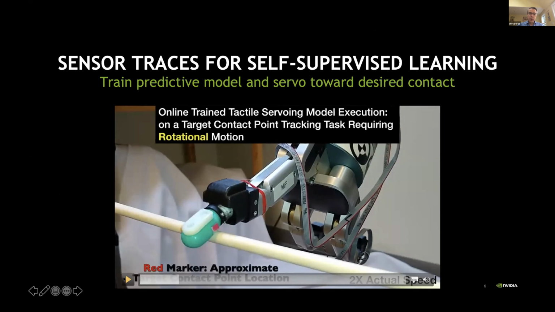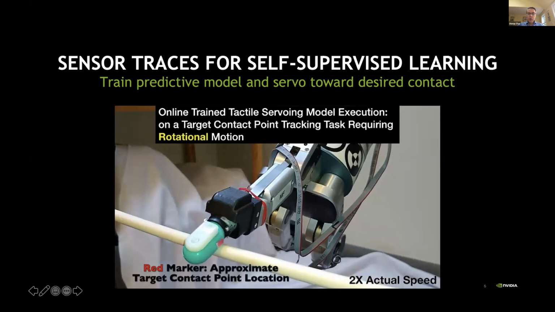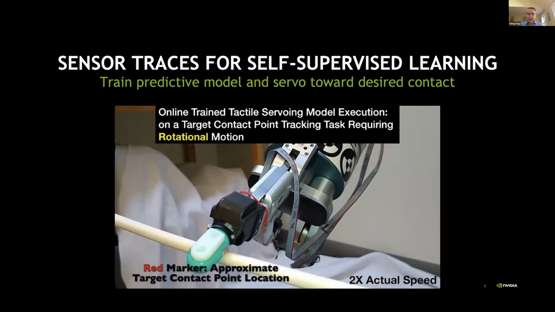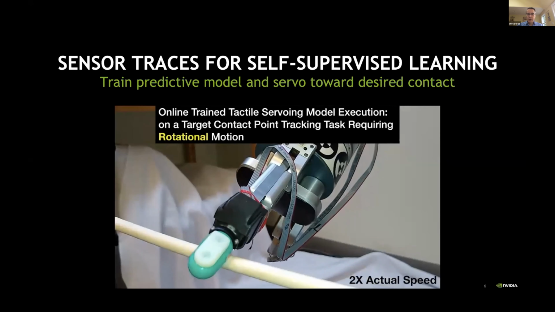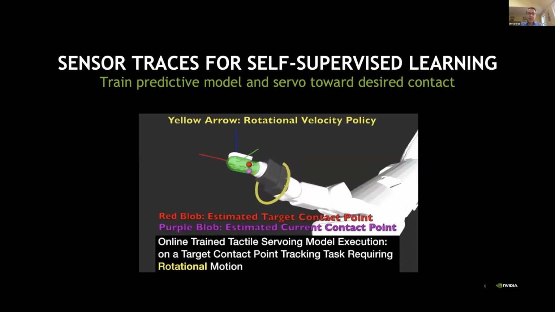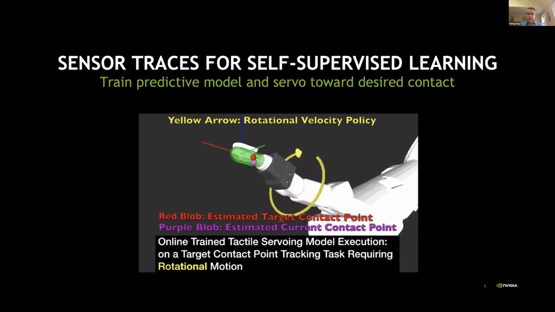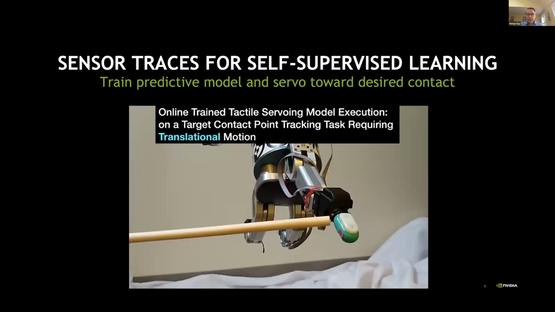And based on this learned model, the controller knows that it has to actually rotate the finger in order to achieve this desired target contact. Okay? Here you can see this again, but now highlighted the contact point as extracted from the sensor measurement, which is not used explicitly in this model here.